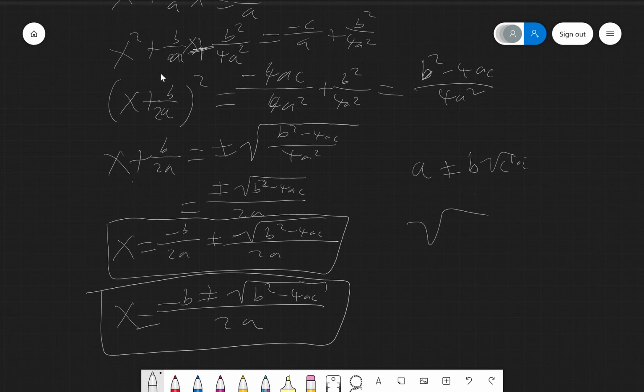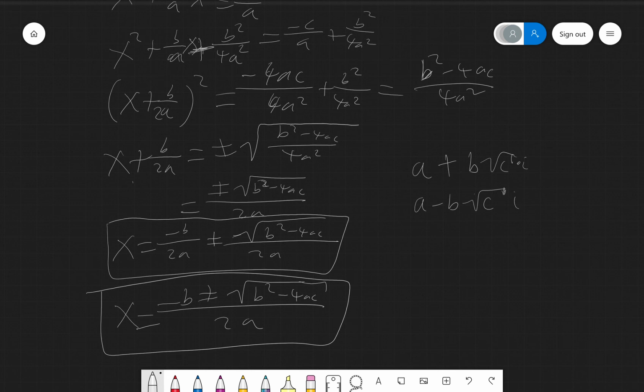So if we had the square root of negative 7/2, which is not possible, since i equals the square root of negative 1, this is equal to the square root of 7/2, which is possible, times i. So that's where i comes in, when there are no real roots. If there are no real roots, then there are imaginary and complex roots. If one solution is a plus this, then the other is a minus that. It's really cool.